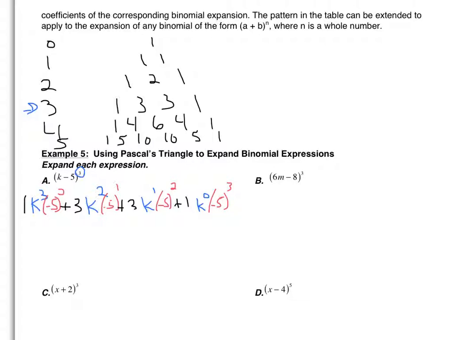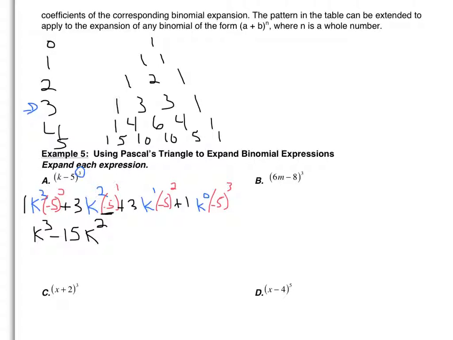So let's simplify that out. 1 times k cubed times negative 5 to the 0, negative 5 to the 0 is 1, so this is just k cubed. Negative 5 to the 1 is negative 5, times 3 is negative 15 k squared.